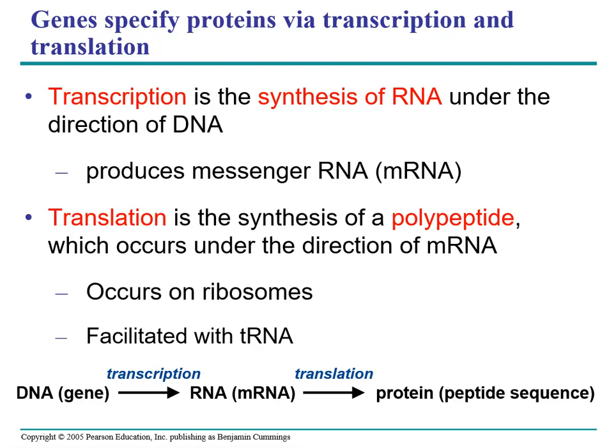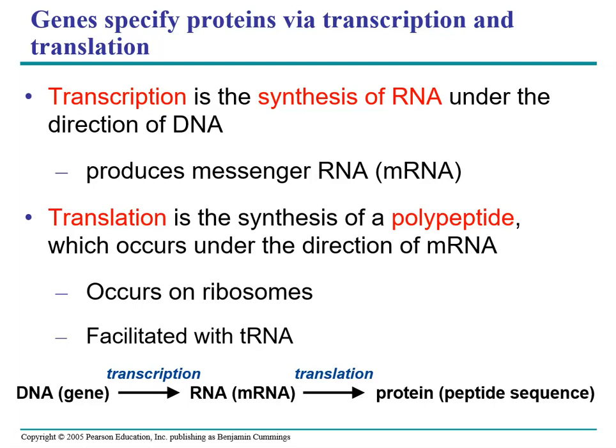Then, once that messenger RNA is produced, it heads to the ribosome, where translation takes place. The messenger RNA is going to be used as a template for transfer RNA, tRNA, to bring amino acids and build the polypeptide, which ultimately becomes a protein.